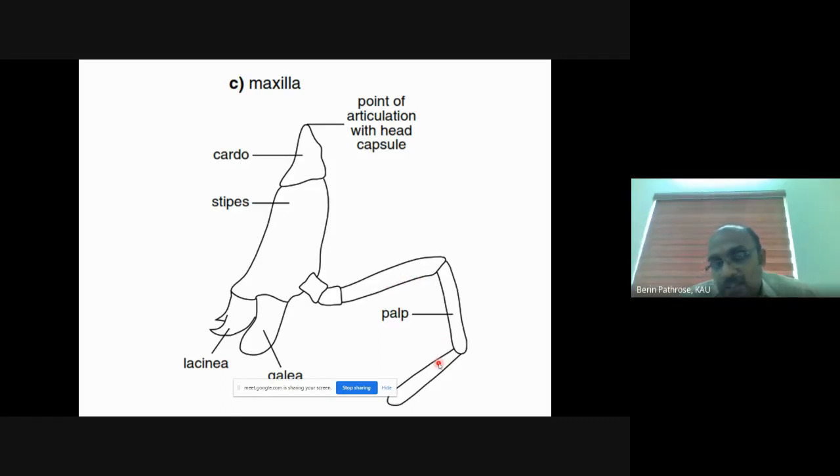So maxilla consists of basal cardo, distal stipes, and on the stipes we have two lobe-like structures, inner Lacina and outer Galea.